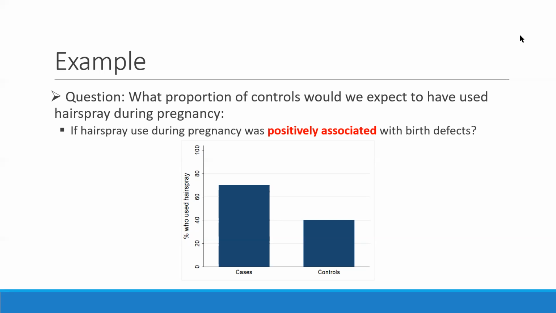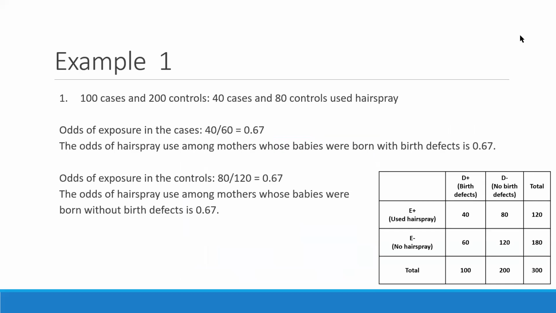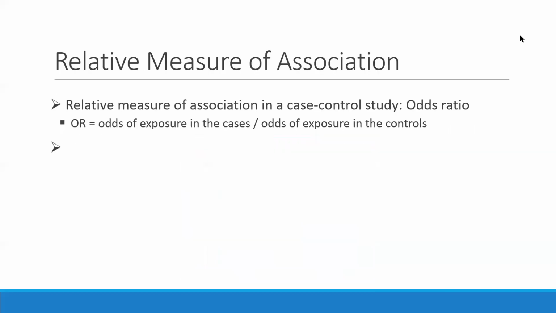So the calculation is it will be 70 over 30 divided by 40 over 60. Okay. The odds. Yeah. So it's the odds here, and it's always the cases against the controls. I think we'll look at the numbers in a minute. We'll go through the actual example.